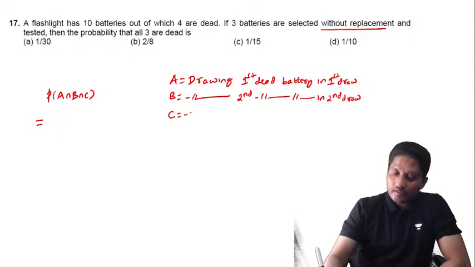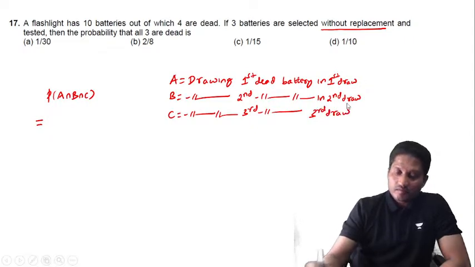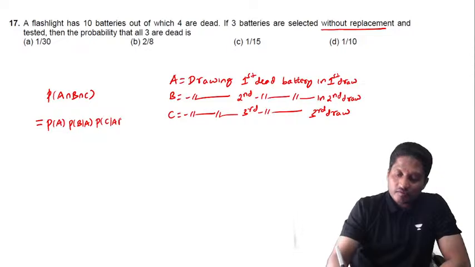C is equal to drawing third dead battery in third draw. Right, so this is probability of first, probability of second given first, and probability of third given the first two.